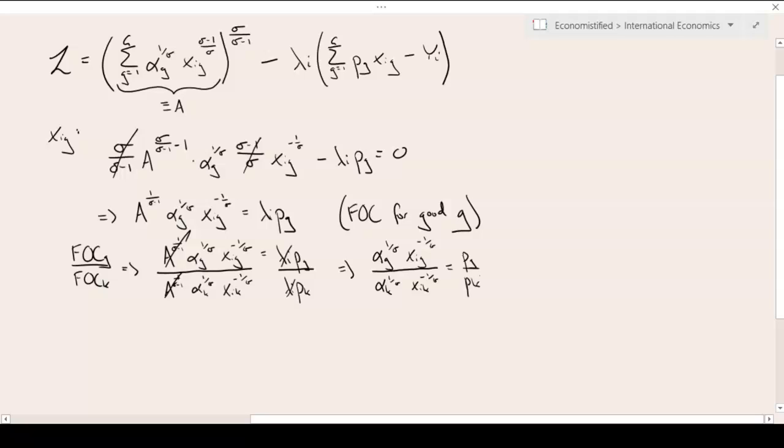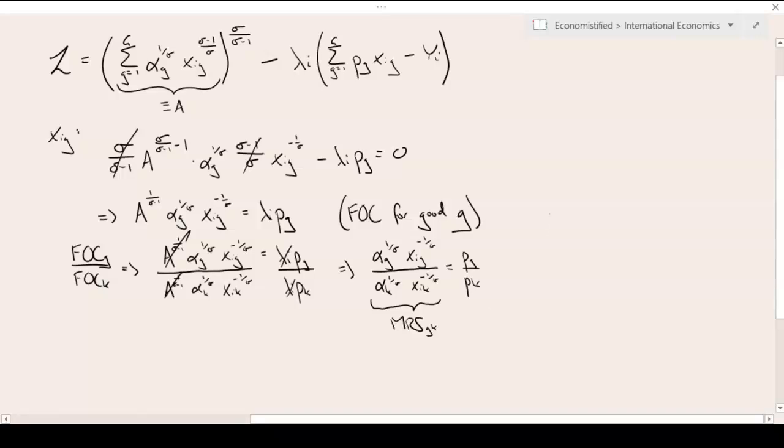So the first thing to note is that this is the marginal rate of substitution between goods G and K, i.e. the ratio of the marginal utilities. And that is equal to, of course, the ratio of the prices, so that's the first condition for efficiency satisfied here.